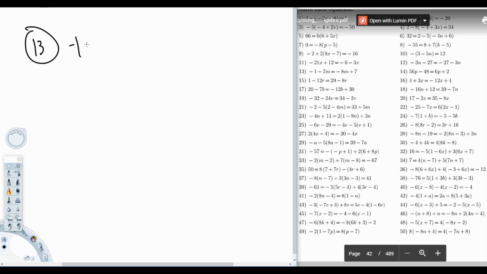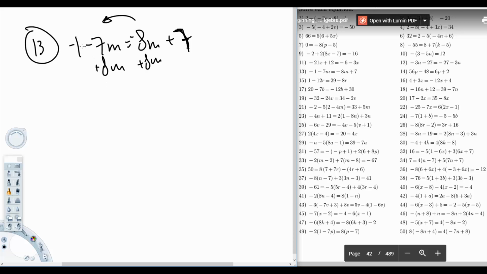Number 13: minus 1 minus 7m equals minus 8m plus 7. All right. So what do we do? I'm going to take this 8m and put it on the same side as all the m's. So I'm going to add 8m here and add 8m here.